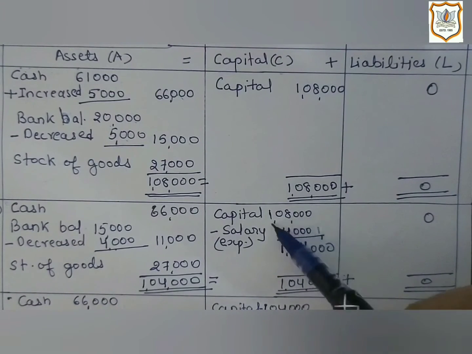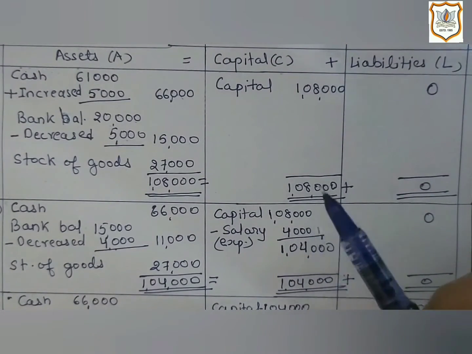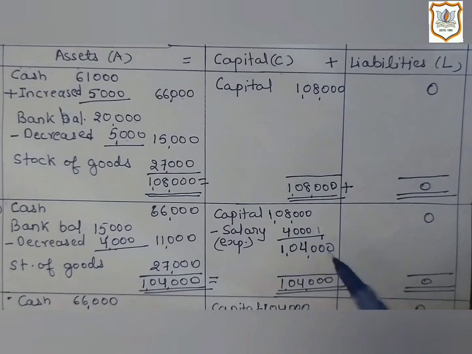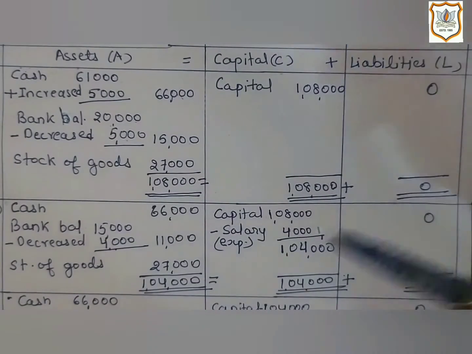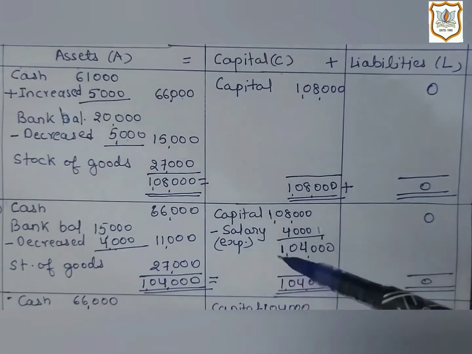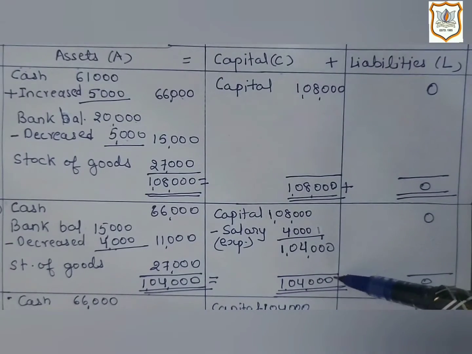Previously it was 1,08,000, and as we paid salary, which is our expense, we will deduct 4,000 and now our capital would be 1,04,000. And there is no change in liability. It is again nil. Again our accounting equation is satisfied. Here asset is equal to capital plus liability. Here it is 1,04,000, and on the left hand side it is also 1,04,000.